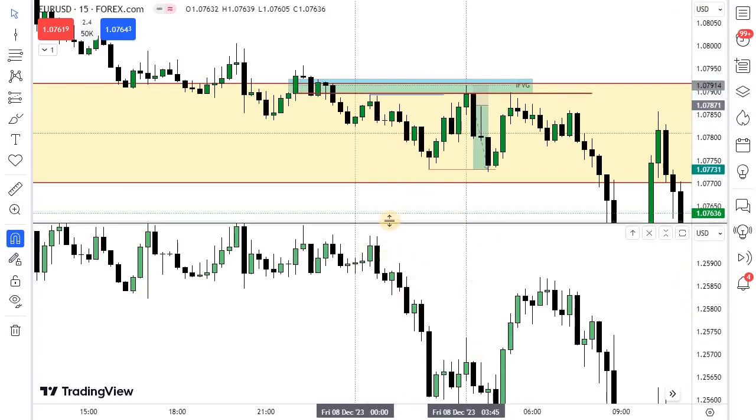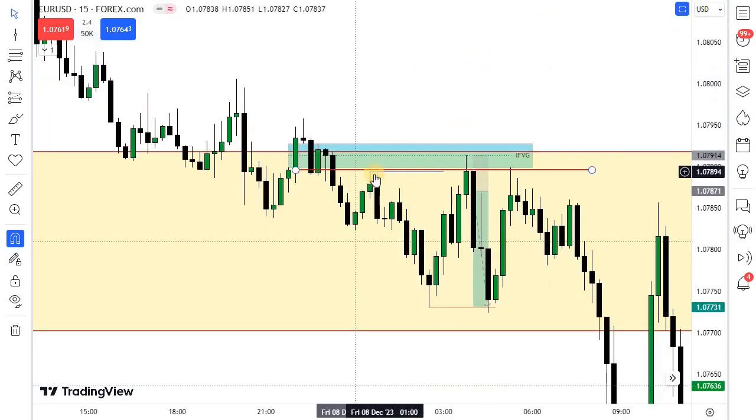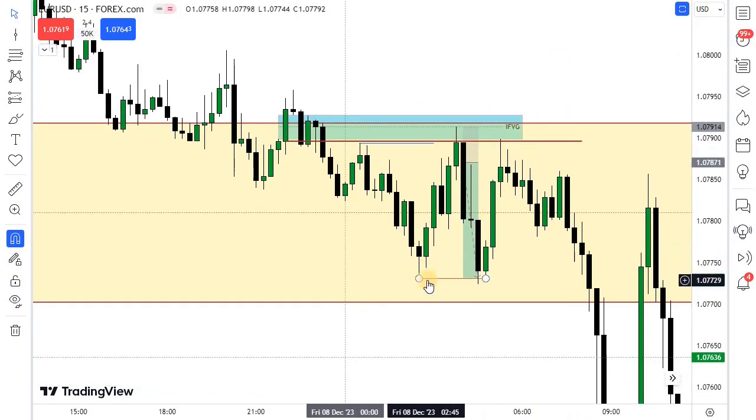And when I saw that, it was confirmed that this run up here was just a liquidity sweep, nothing else. So I was sure that price is now gonna target the next low. I was looking for this to be taken.